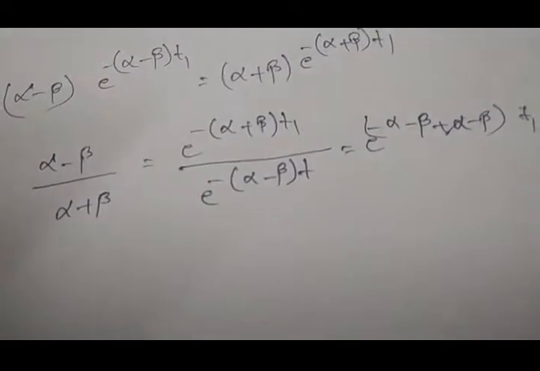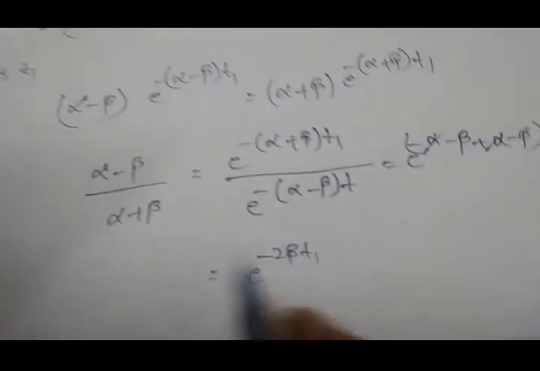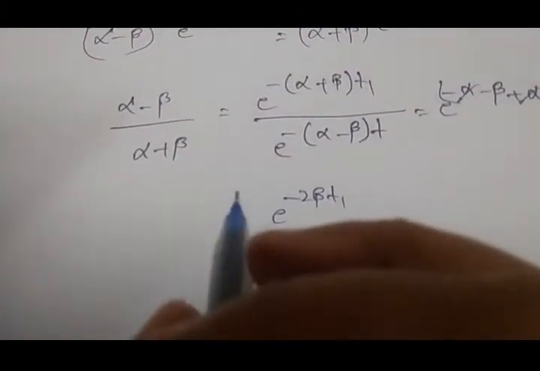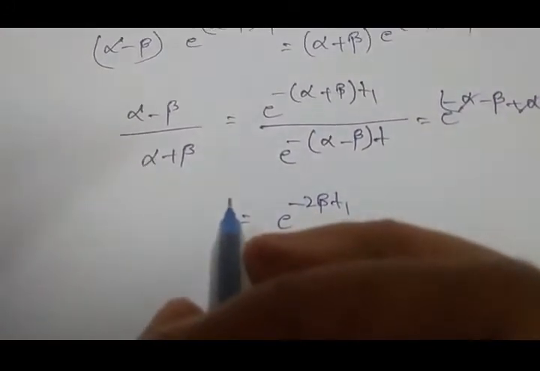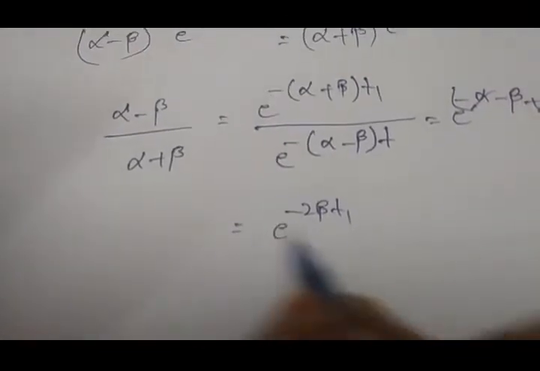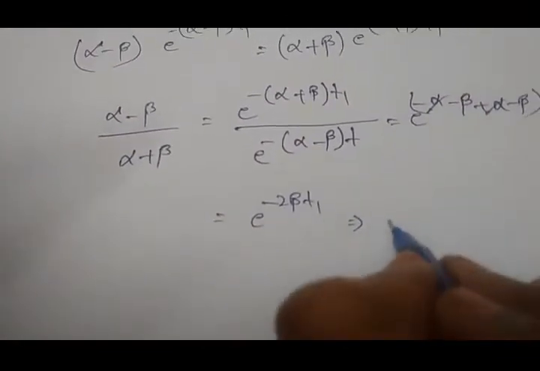So alpha will be cancelled over. So it will be your e power minus 2 beta T1. Okay, so for the negative term, either way we can do.